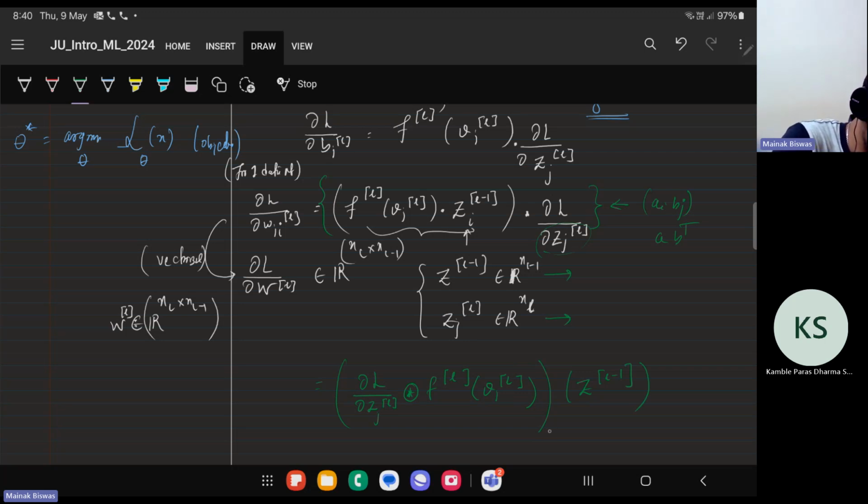Now you see this dimension is NL cross 1 and this transpose will be 1 cross NL minus 1. So you clearly see that dL/dWL belongs to R of NL cross NL minus 1.